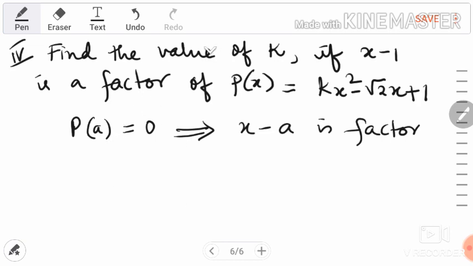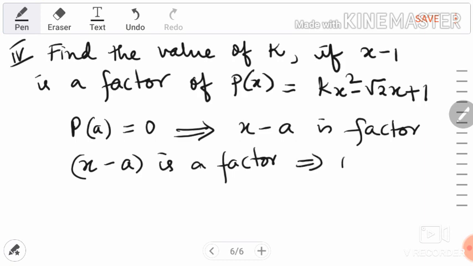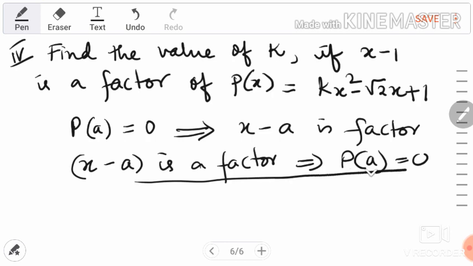But now in this question it's already given that x minus a is a factor. So if x minus a is a factor, it implies that p of a is 0. So we are going to use this second result in this question.